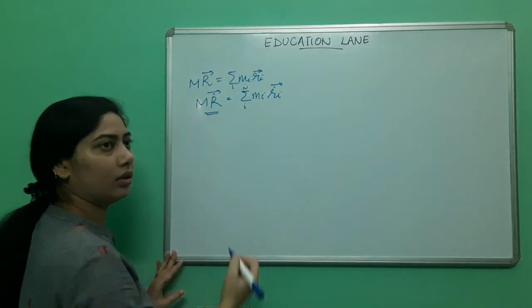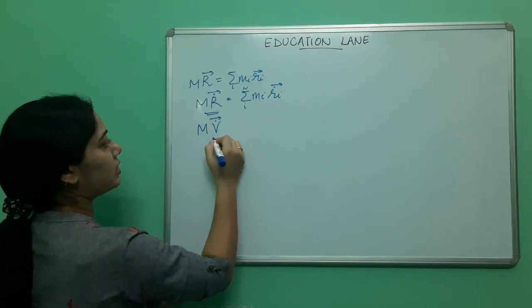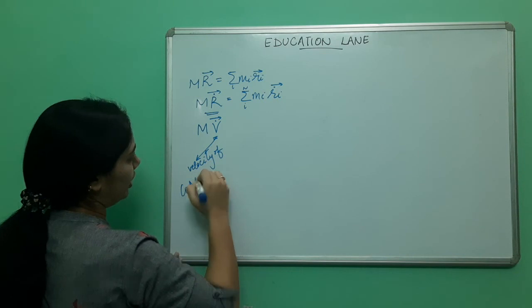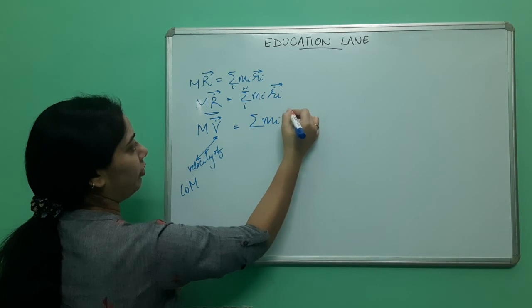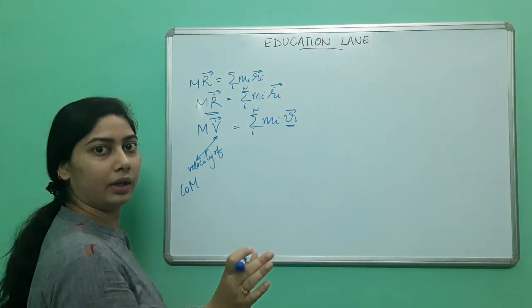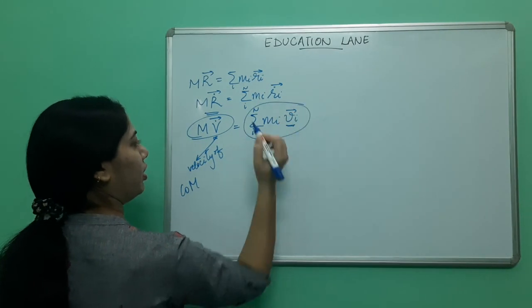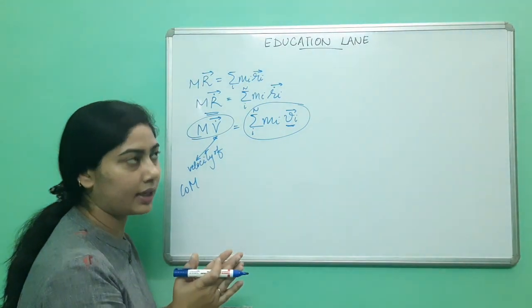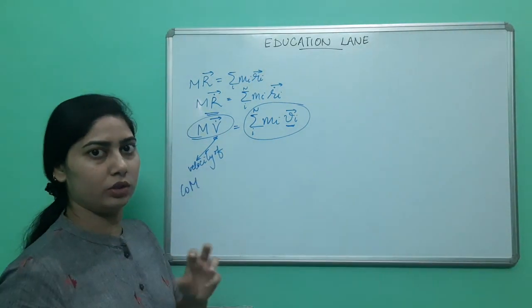Now what is this? Momentum. I can write it like, this is the velocity of the center of mass, equal to m_i v_i, and what is this? The velocity of the ith particle of the system. So my total linear momentum of the center of mass is simply equal to the sum of all the linear momenta of each individual particle.